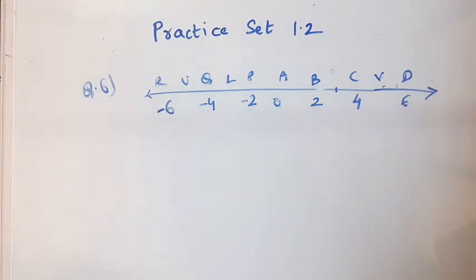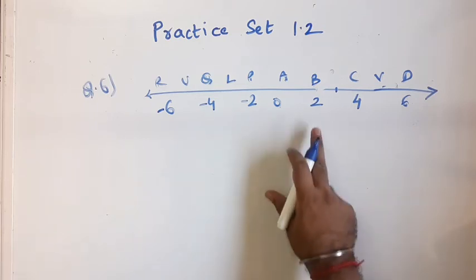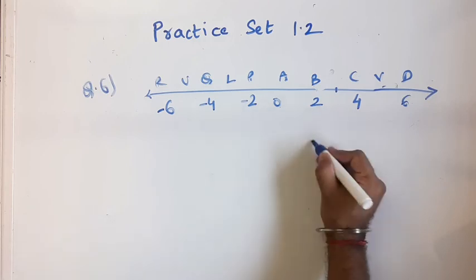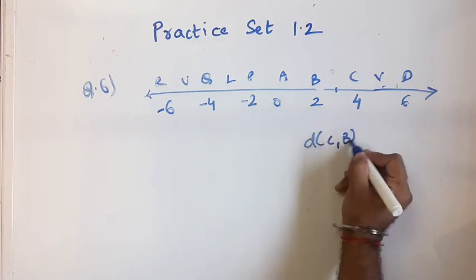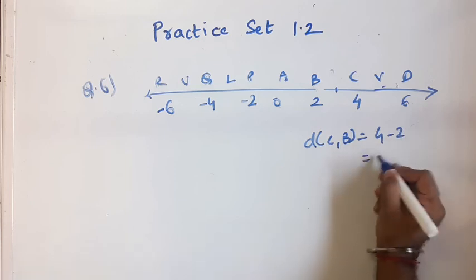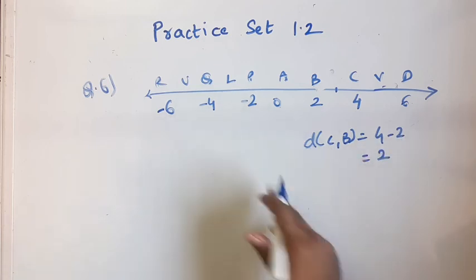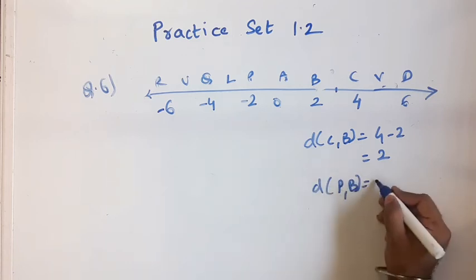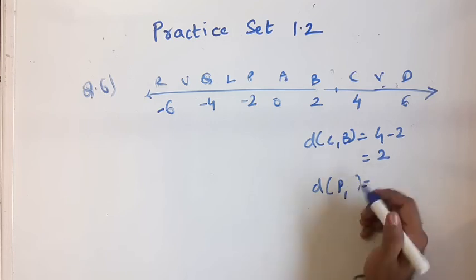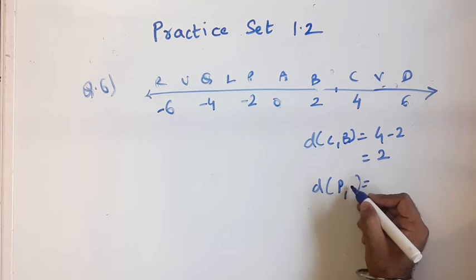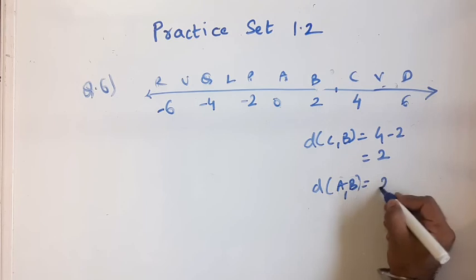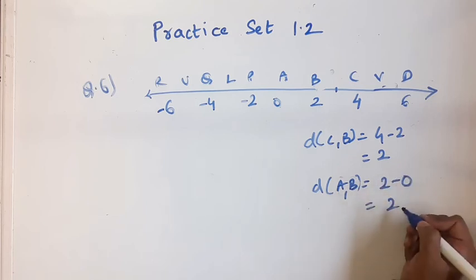So which points are equidistant from point B? If you see, distance CB is 4 minus 2, or 2. Also, I'll take AB, so it is 2 minus 0, so it is also 2.